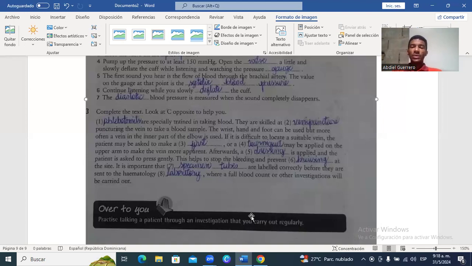Afterwards, a dressing is applied and the patient is asked to press gently. This helps to stop the bleeding and prevent bruising at the site. It is important that the sample tubes are labelled correctly before they are sent to the haematology laboratory, where a full blood count or other investigation will be carried out.